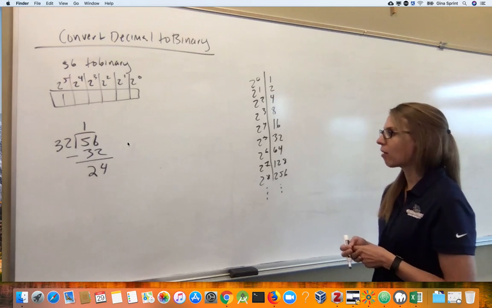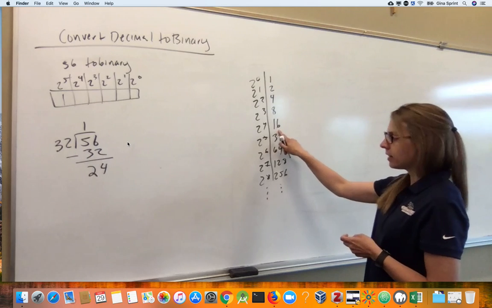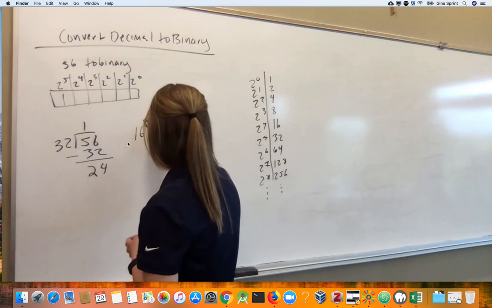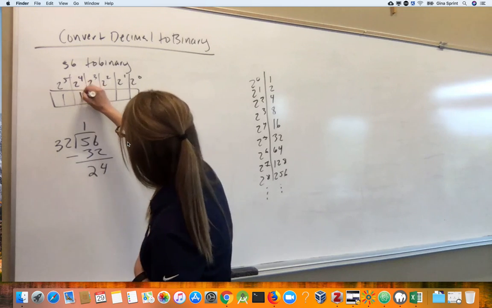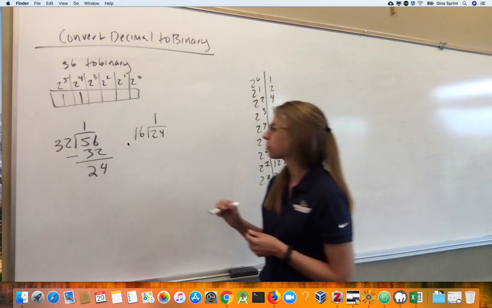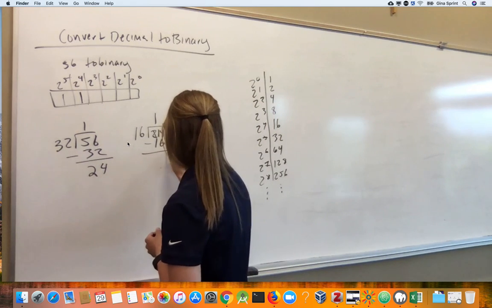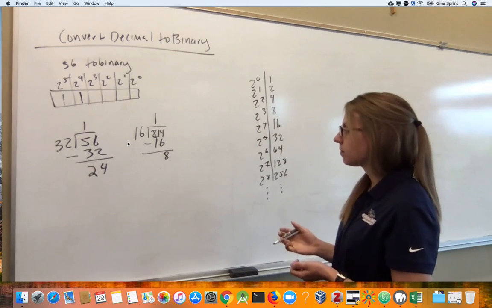What's the highest power of 2 that goes into 24? It's 16. So 16 goes into 24 evenly one time, so we can put a 1 in the 2 to the 4th spot. We subtract 16, and we get 8.